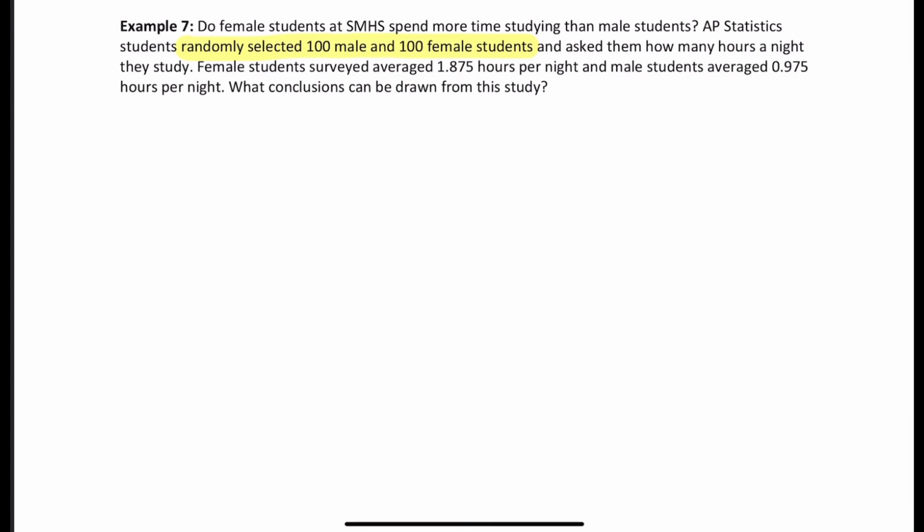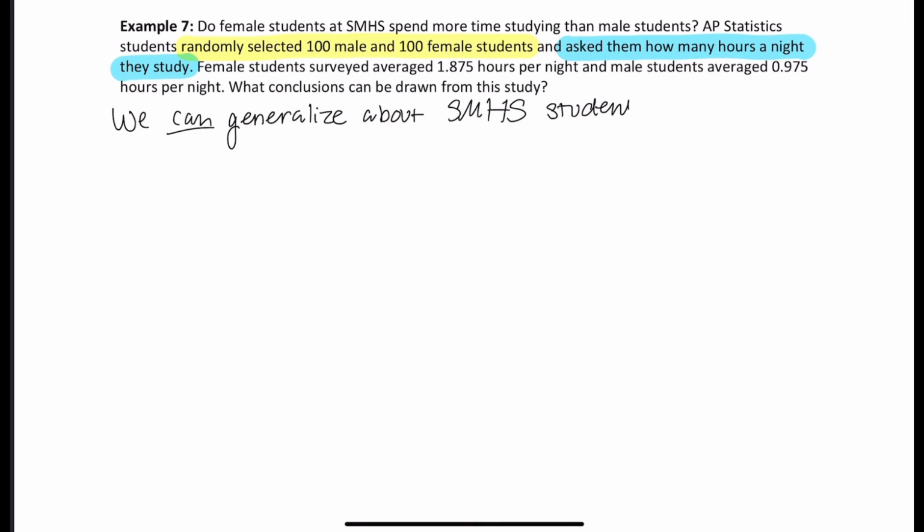So first, well, let's make sure we get this down. We just ask them how many hours a night they study, which is important, although it may not seem like it at first. Here, the individuals were randomly selected, so here we can generalize about the population, which, in this case, is San Marin High School students, since they were randomly selected.